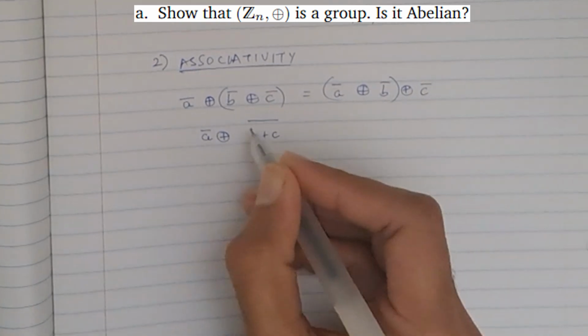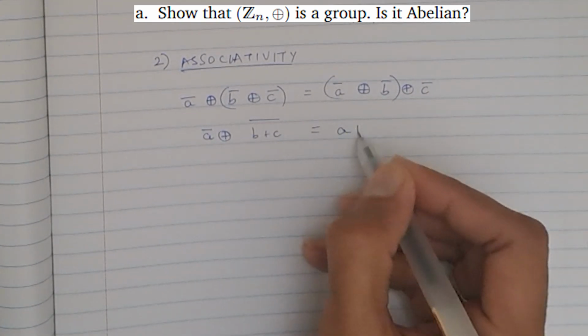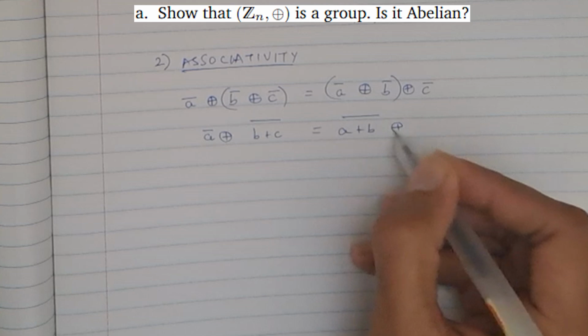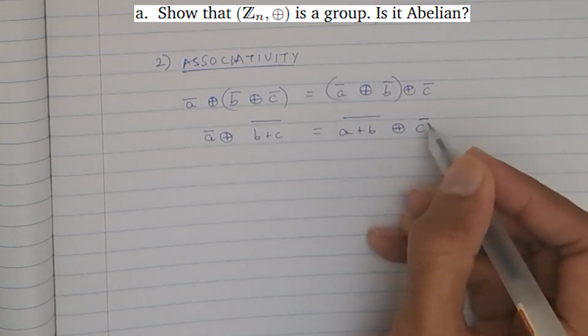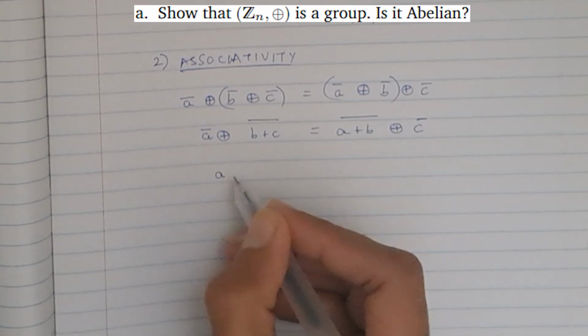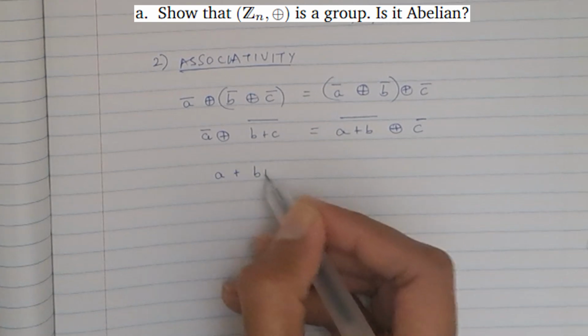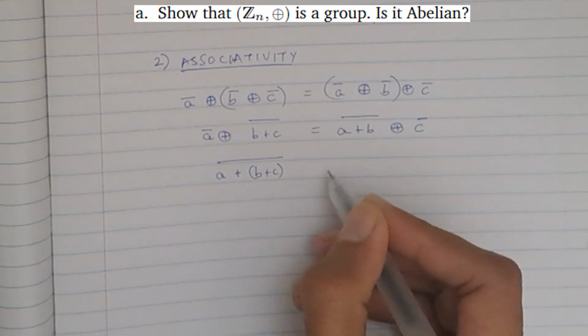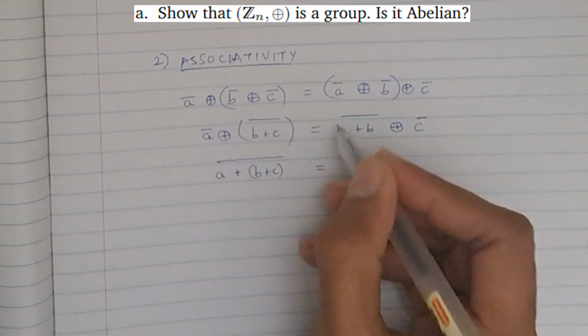Let's see. And this would be A plus B. And then this is A plus B plus C. Let me do this.